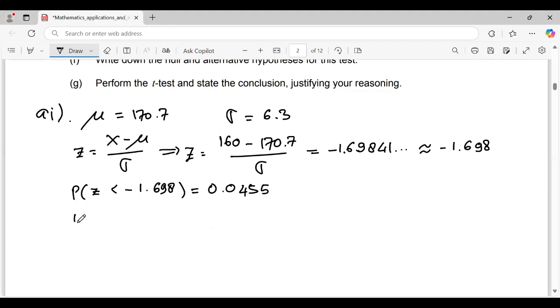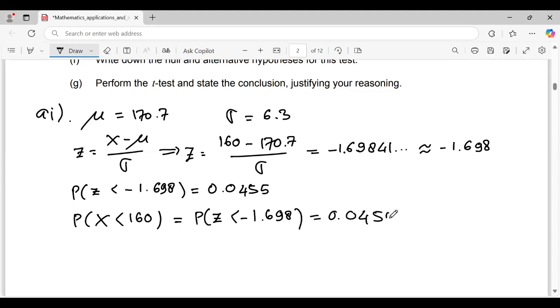So it means probability x less than 160 equals probability z less than minus 1.698 equals 0.0455. Part 2.